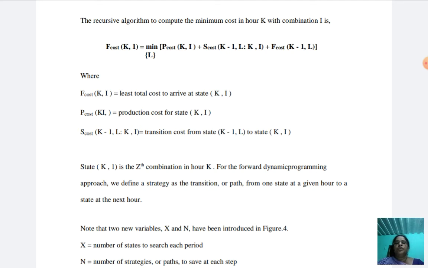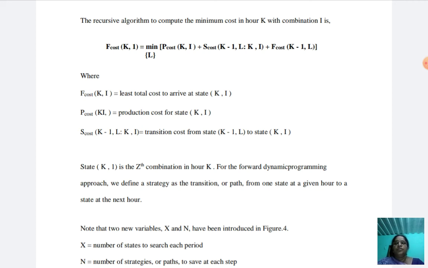From the dynamic programming method, you have to calculate the minimum cost in hour k with the combination I. The formula is F cost(k,I) = min over L of [P cost(k,I) + S cost(k-1,L : k,I) + F cost(k-1,L)], where F cost(k,I) is nothing but the least total cost to arrive at state (k,I). P cost(k,I) means the production cost for state (k,I). S cost(k-1,L : k,I) is the transition cost only.